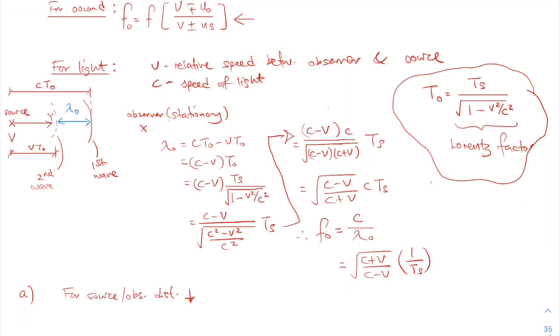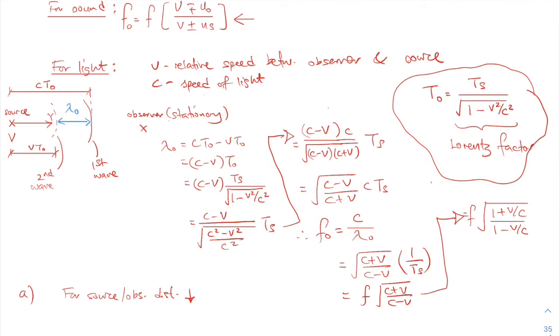Now 1 over ts is the frequency of the source. Now I'm going to rearrange this expression to a different form, like that. I will get 1 plus v over c divided by 1 minus v over c.